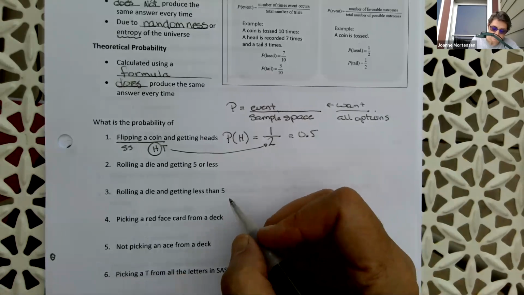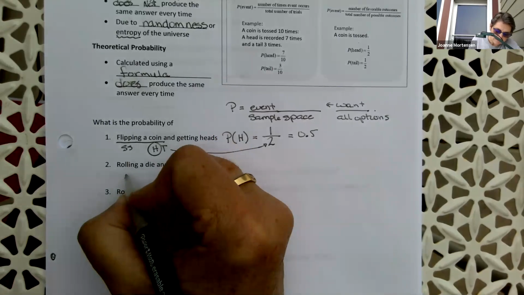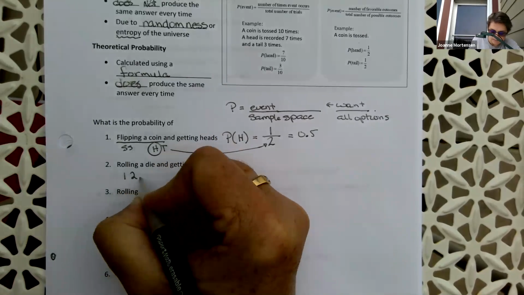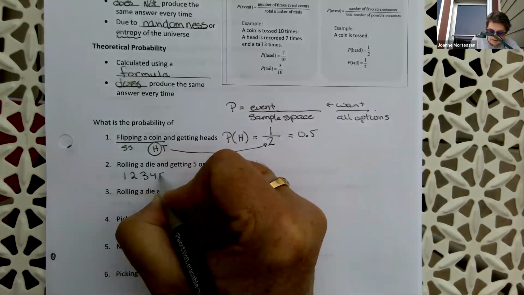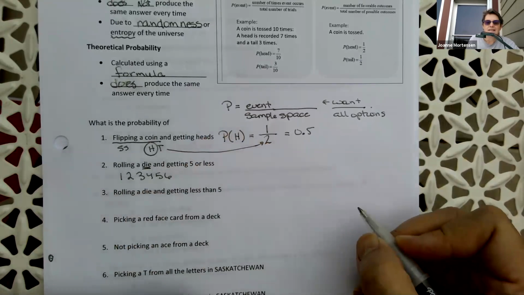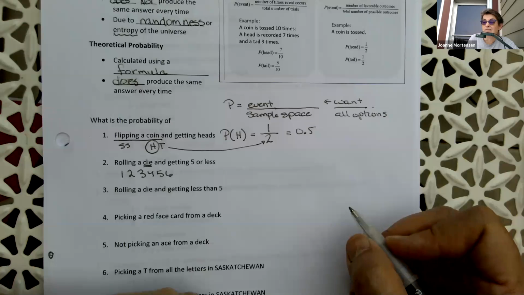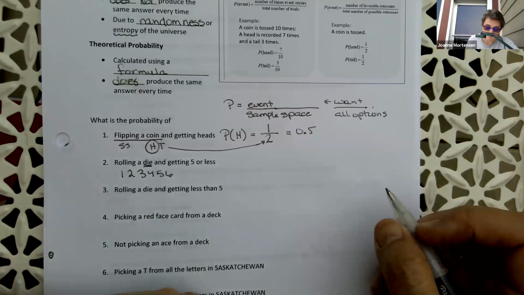All right, rolling a die and getting 5 or less. So my sample space, I'm going to write it out. 1, 2, 3, 4, 5, 6. In case you forget, die is the singular of dice. And I guess I should have said a 6-sided die, but we're just going to assume that's what it is all the time.